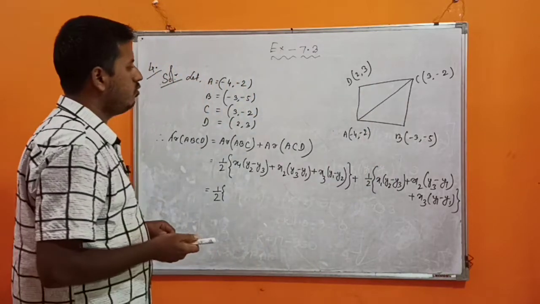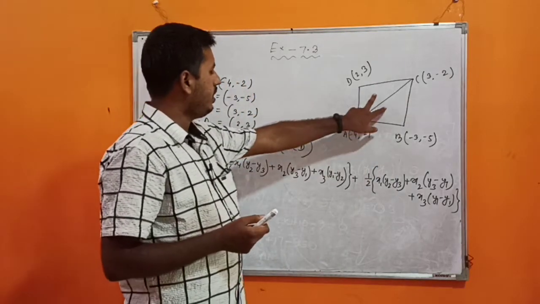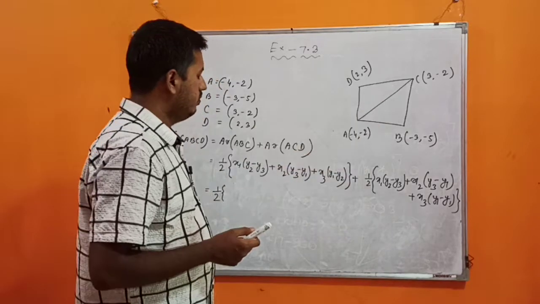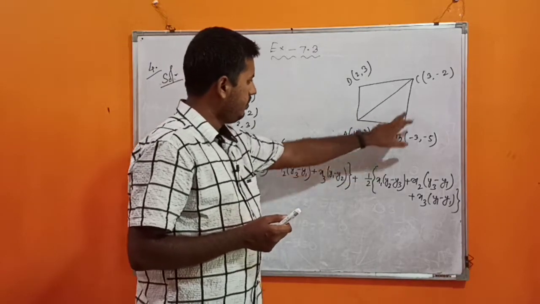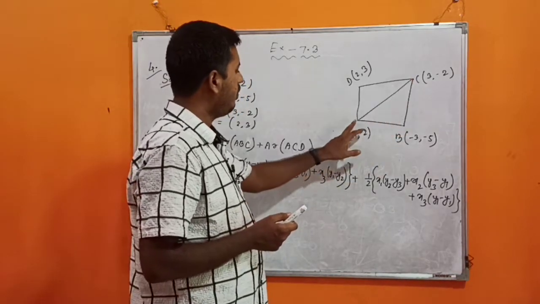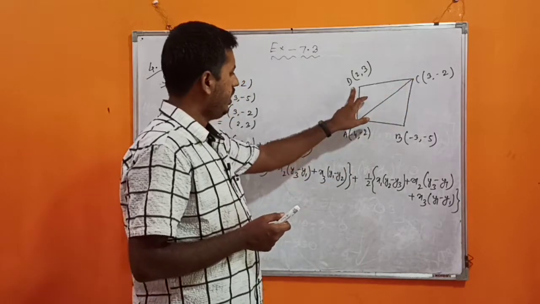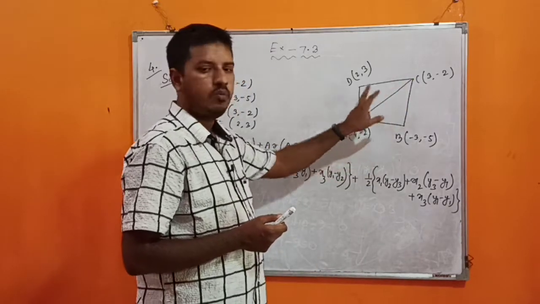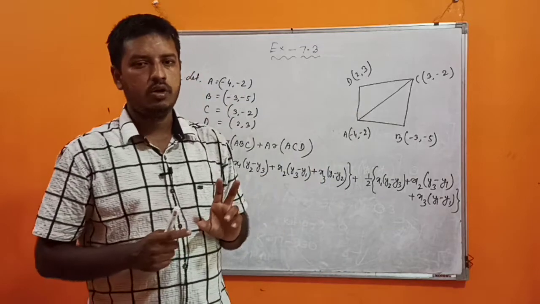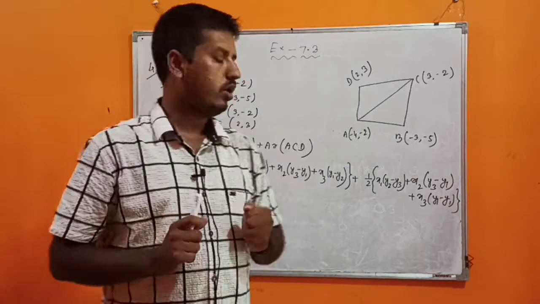To find its area, we find the area of triangle ABC and the area of triangle ACD, and if we add the areas of both triangles, we will get the area of that quadrilateral.